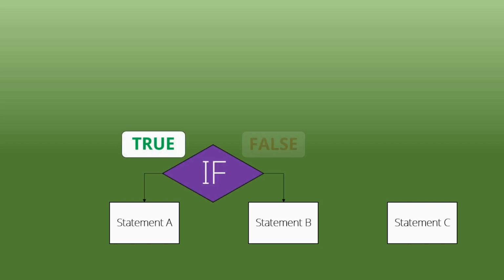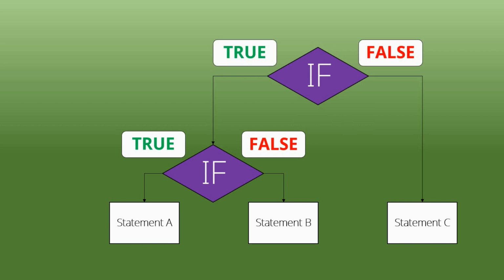To create it, we are going to insert as one of the solutions for the IF function another IF function, like here. For the top function, we are going to check that the statement we would like to be false will return us statement C. If it's going to be true, we are just going to check another statement one more time and then receive two more other options. Let's try it on some clear example.